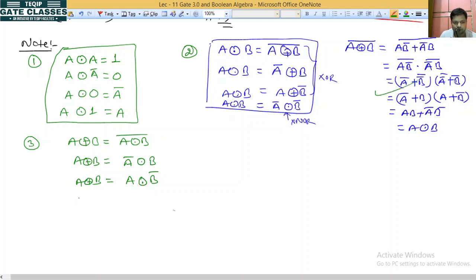Okay? So if you have A XOR B, it is equal to A bar XOR B bar. So this will be the third important point.